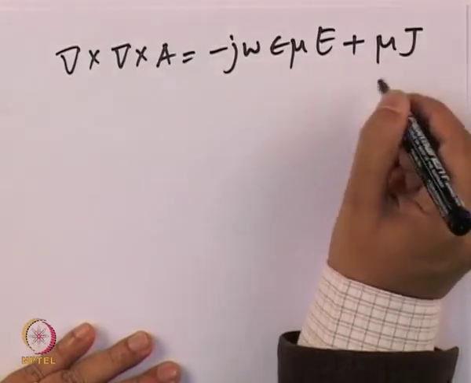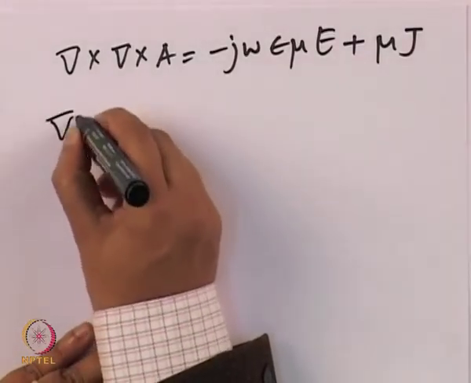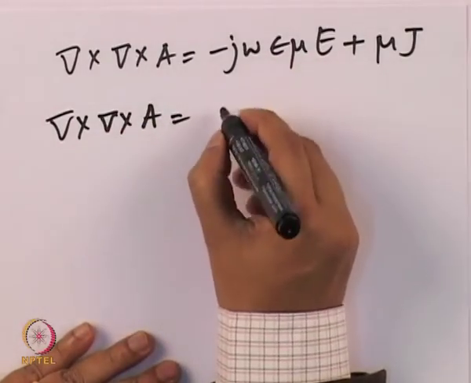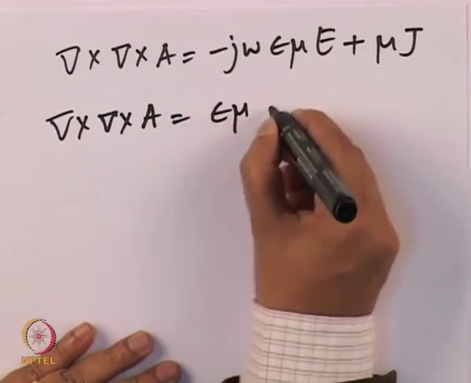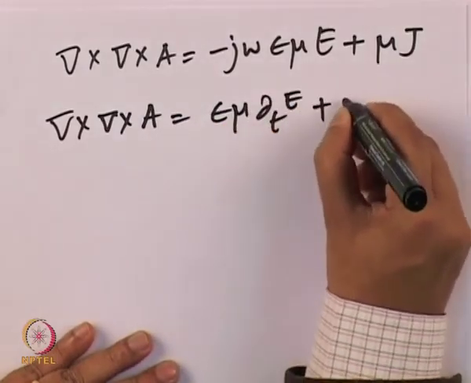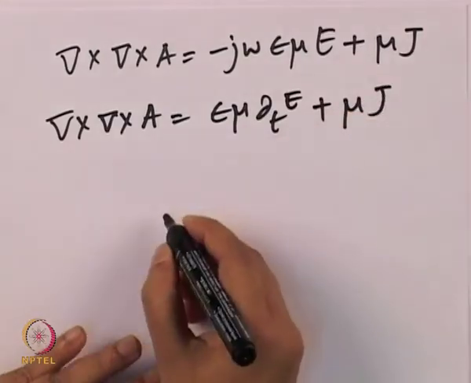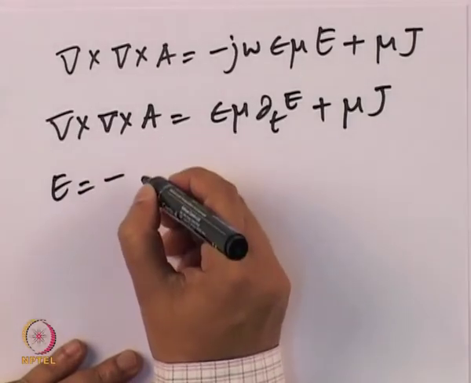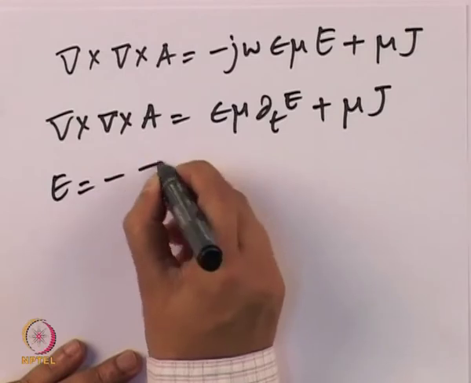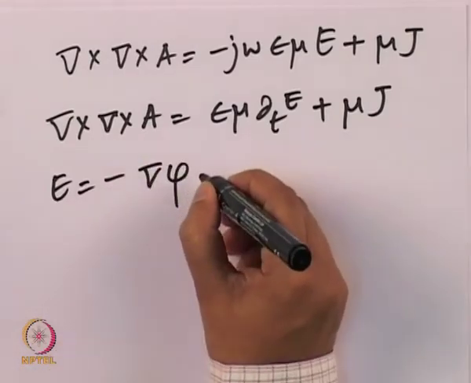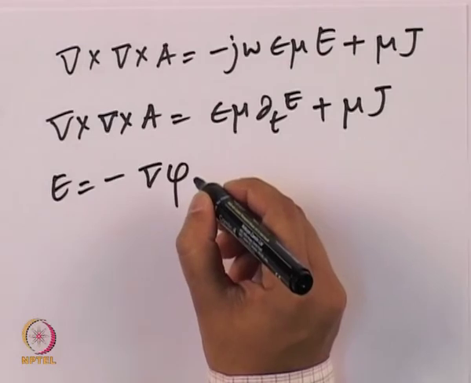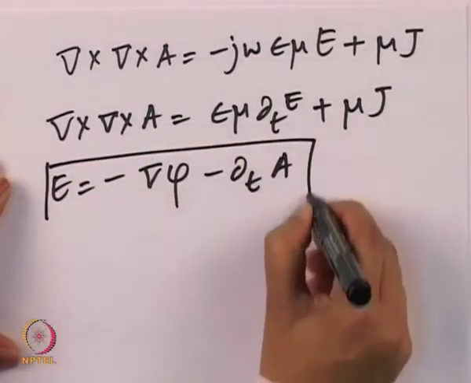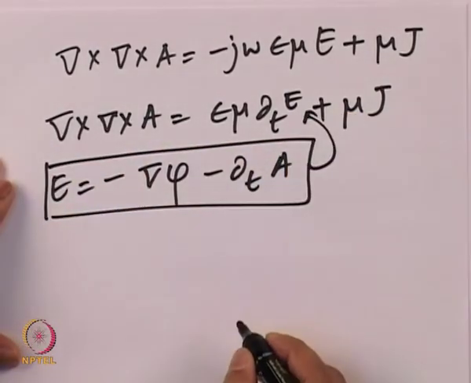We can transform this entire thing into the time domain. So we will get curl of curl of A is equal to mu epsilon dt of E plus mu J, and we know E is equal to minus the gradient of phi minus dt of A. We can substitute this value for E here.